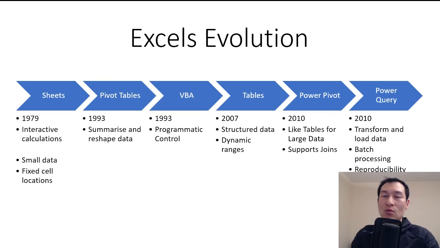Whenever we produce a piece of work, we want to make sure that if we're given a new data set, or even re-given the same data set, we can understand what steps took place in order to get to the final result, right? That's what Power Query does for you. And if you're using things like R, that's kind of automatically what you do anyway, right?